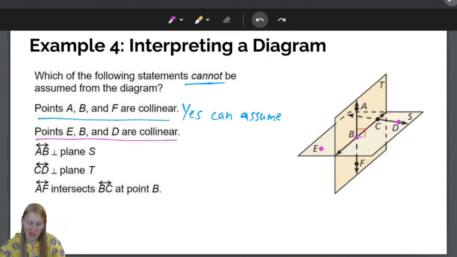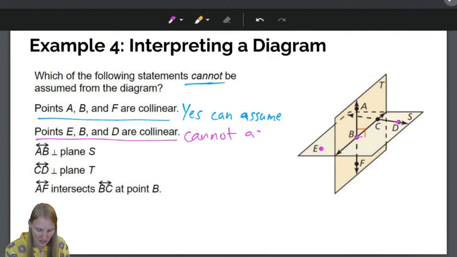It might look, maybe, I drew a pretty straight line. Maybe they would be collinear, but there's not a line through them. And because there is not a line through them, I cannot assume this. Can't do it.